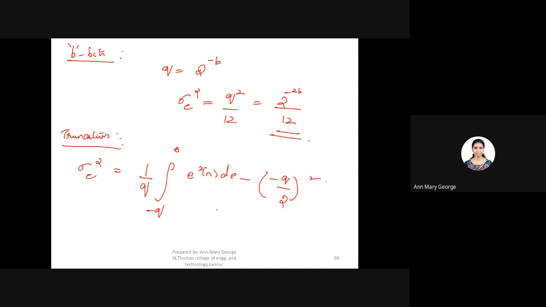After solving we will get q square by 3 minus q square by 4. That will be q square by 12, which means again this value 2 raised to minus 2b by 12.